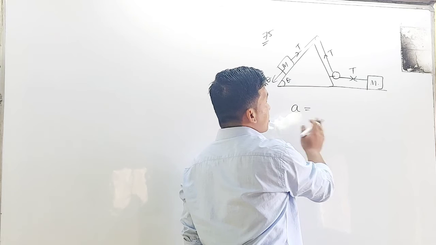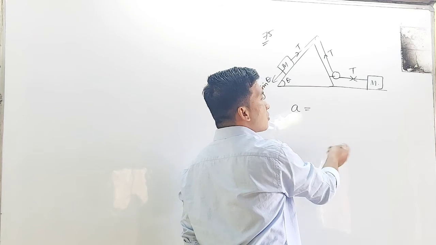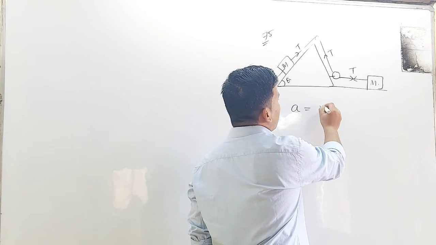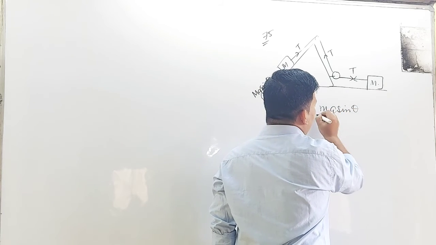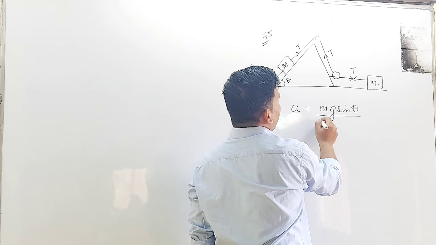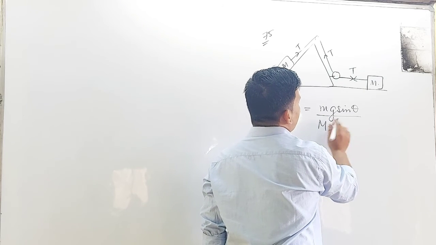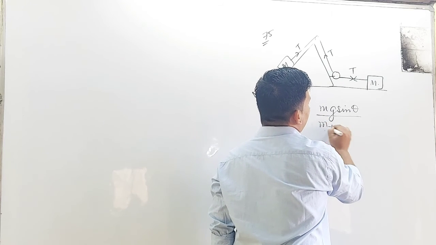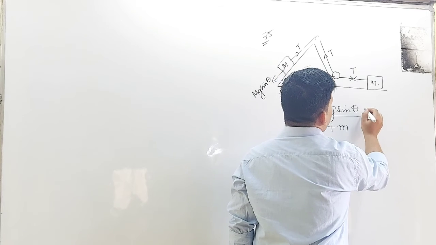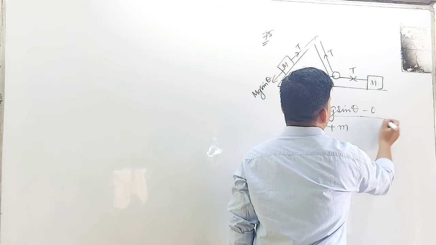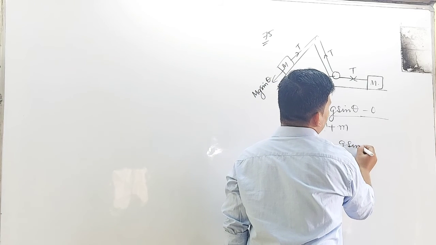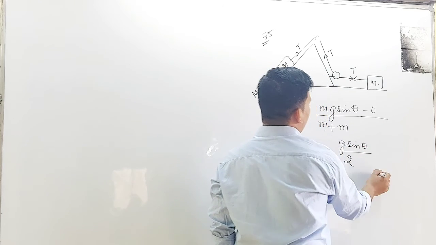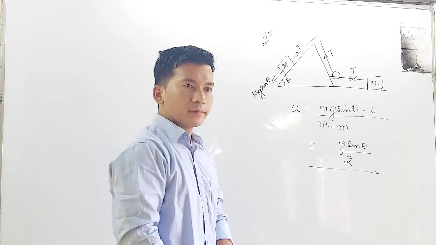What is the force responsible for the motion? That is mg sin theta divided by total mass. Total mass will be capital M plus small m plus small m. Minus 0, and we have g sin theta divided by this as our answer.